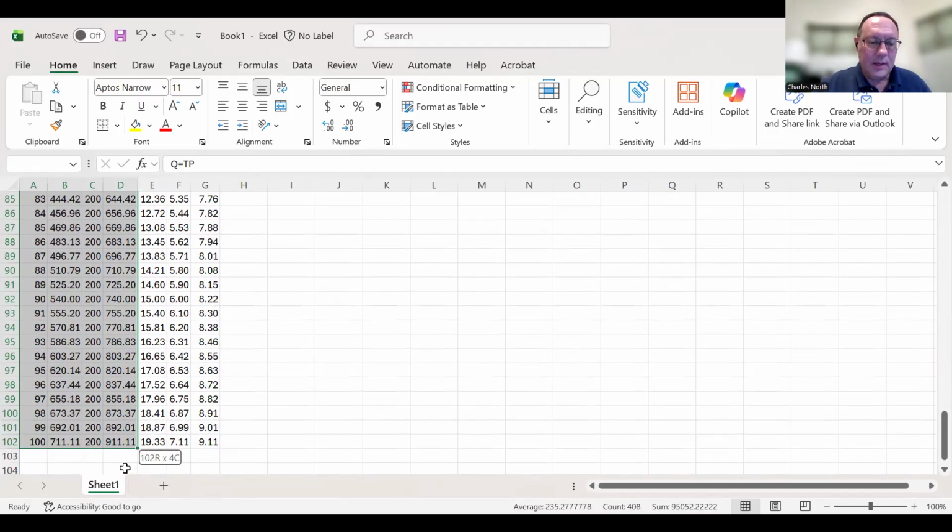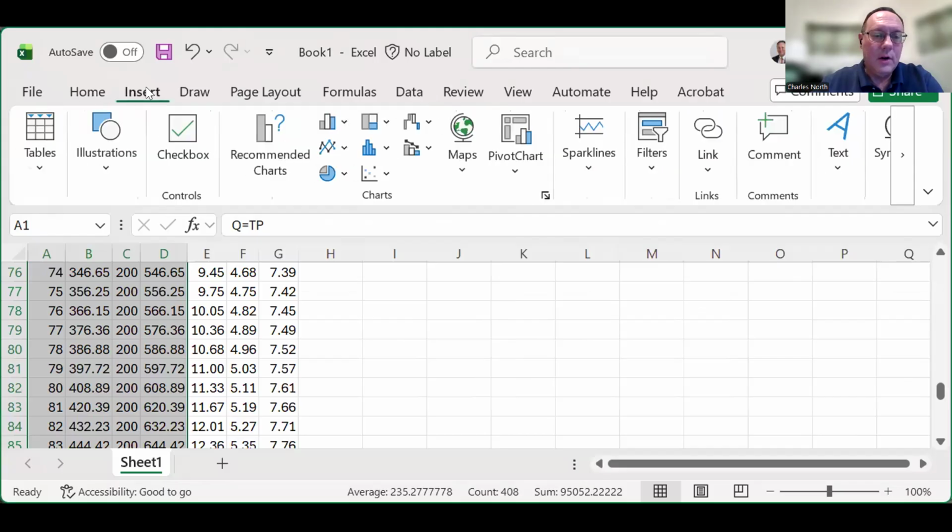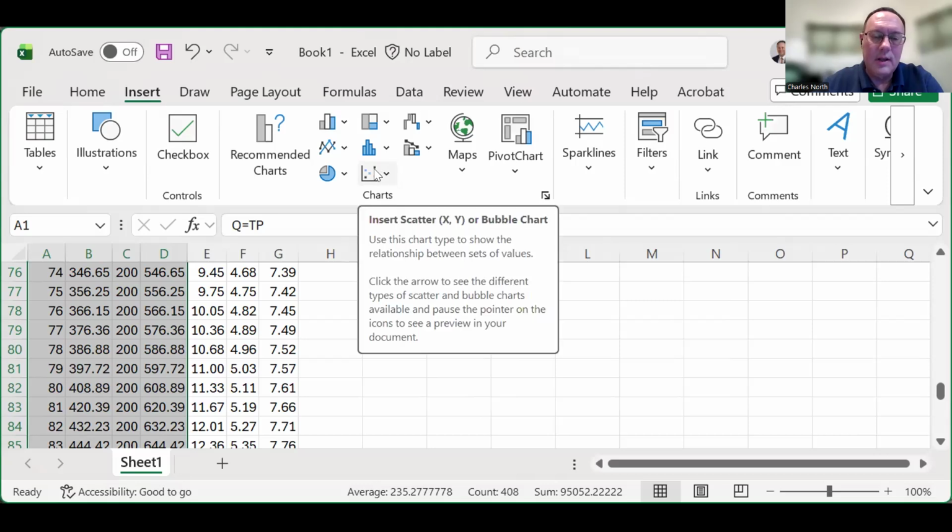So I get it all highlighted down here. And we are going to, well, gosh, I've got this stuff that's in the way. So let me make this a little smaller. I'm going to go to insert here. And what you want to pick is in charts. You're going to insert a chart, but you want a specific chart, which is this XY scatter chart.